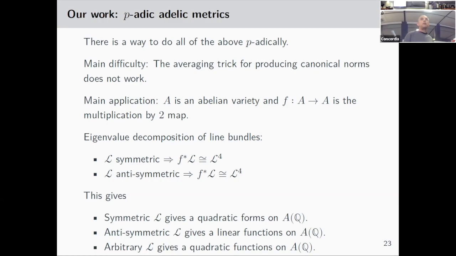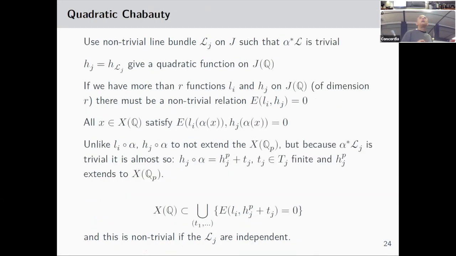So what it gives you is a general quadratic function. And so you have quadratic Chabauty. And this is basically, in some sense, our hopefully simpler, or significantly simpler, interpretation of the work of Balakrishnan and Dogra.